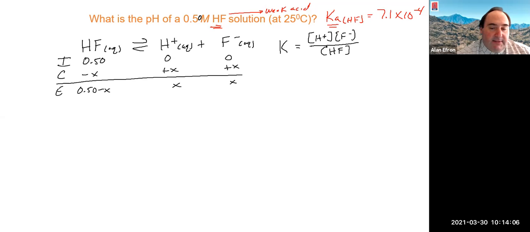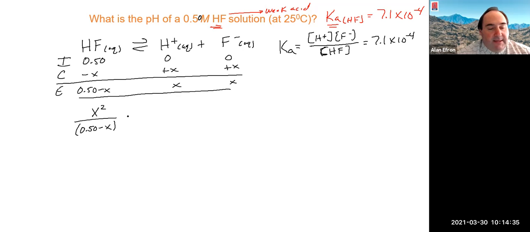Since it is a weak acid, this is what is referred to as a Ka value, and that would equal 7.1 times 10 to the minus 4. At this point, just like in a traditional equilibrium problem, we're going to take our equilibrium line and put it into our Ka expression, and that would get us x squared up on top.